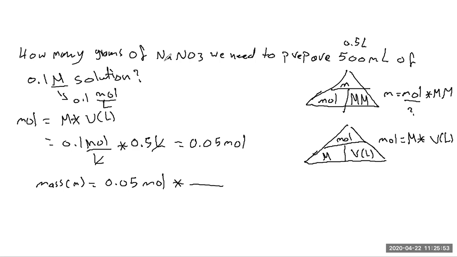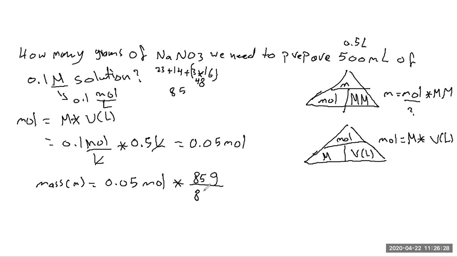So here, what do we have? 23 plus nitrogen 14 plus 3 times 16 for the oxygen, so it will be 48 here. So here 58, 62, and 85. Just check the number, guys, after me. So I think it will be 85 here. Yeah, 85.